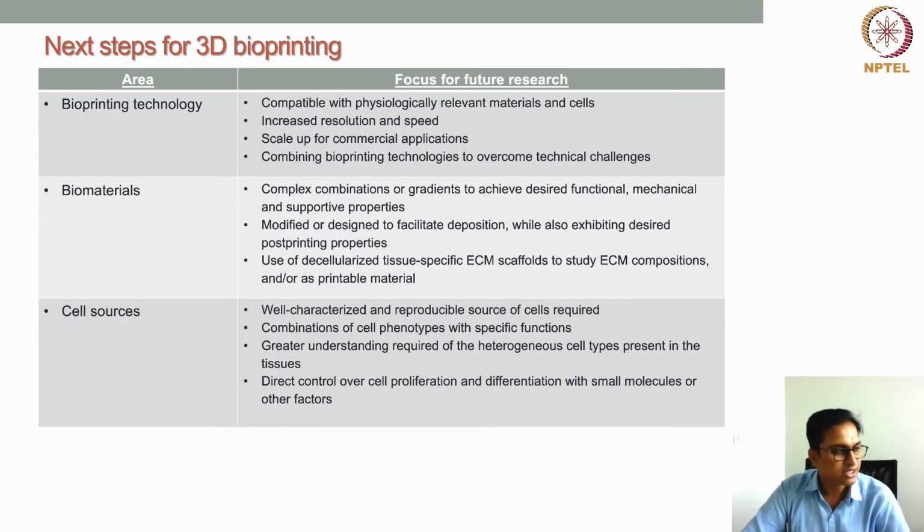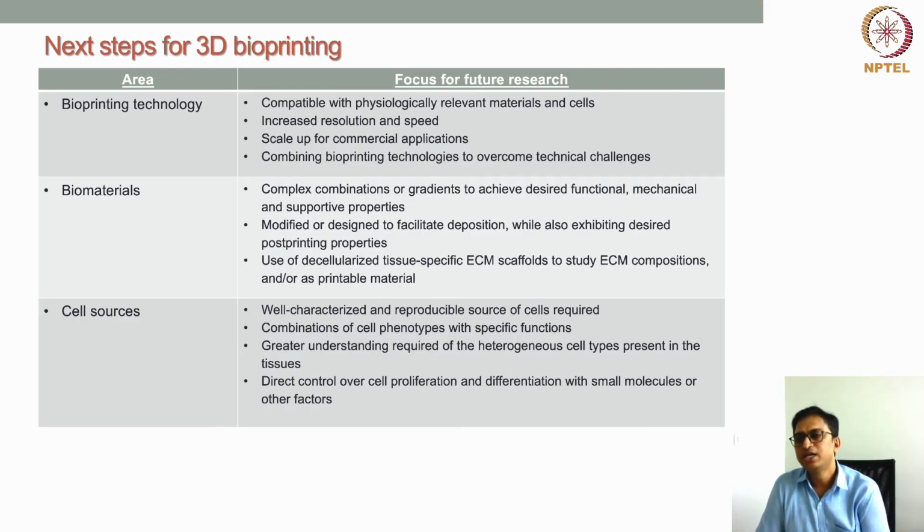Mostly the cell source should be well characterized, and reproducible sources of cells are required. Once we identify a particular cell source, it has to be properly characterized, and we have to develop the process by which we can get reproducible sources of cells. Otherwise there can be variation, and that can lead to other challenges.